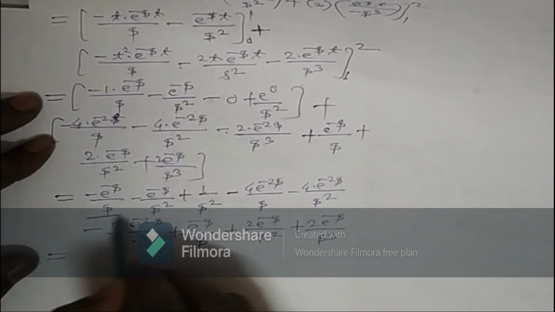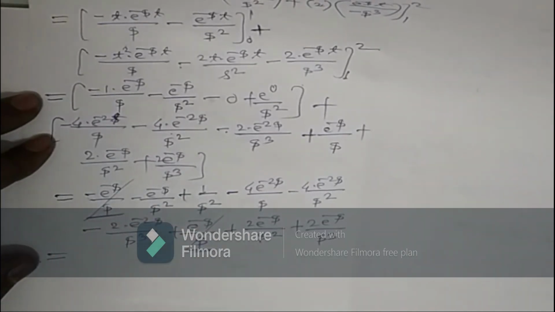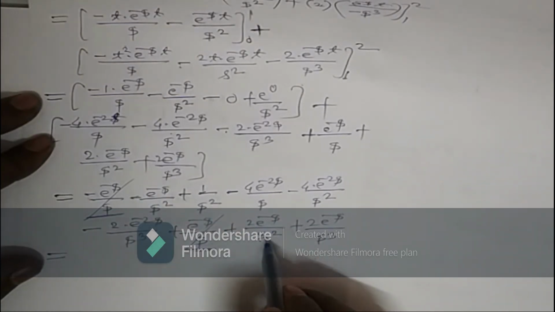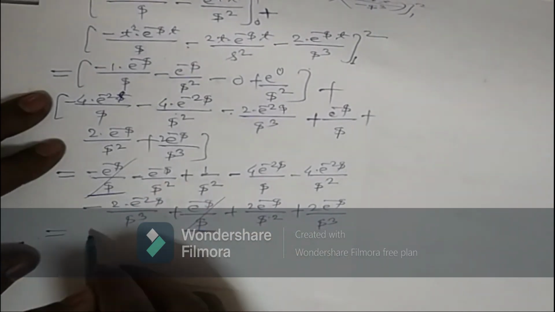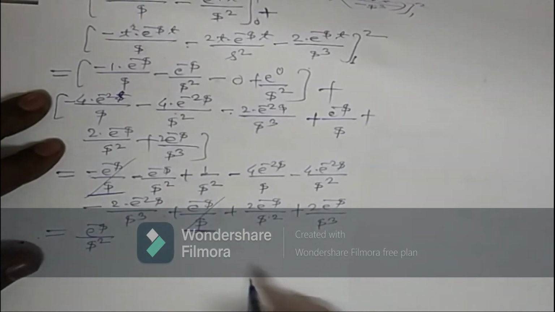So this term and this term, this is minus, this is plus, so this term gets cancelled. This is minus e raised to minus s upon s square, this is plus 2 e raised to minus s upon s square, so definitely 1 e raised to minus s upon s square will remain, isn't it?